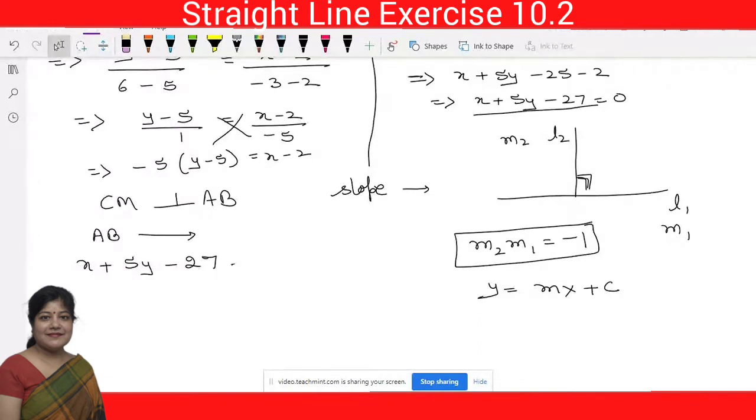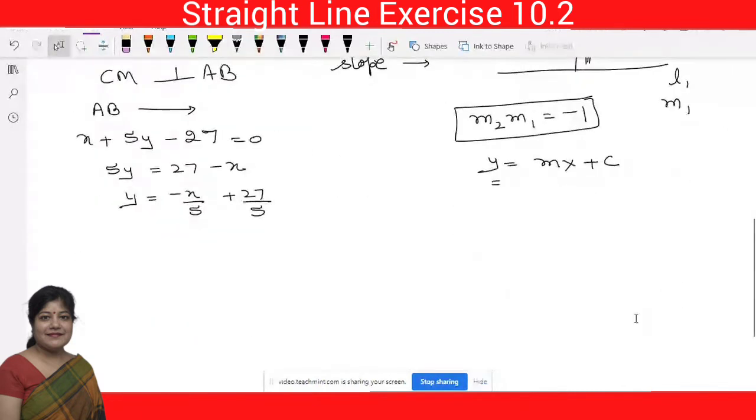I convert this equation into this form. 5y is equal to 27 minus x, so y is equal to minus x by 5 plus 27 by 5. When I compare, the value of m becomes minus 1 by 5.